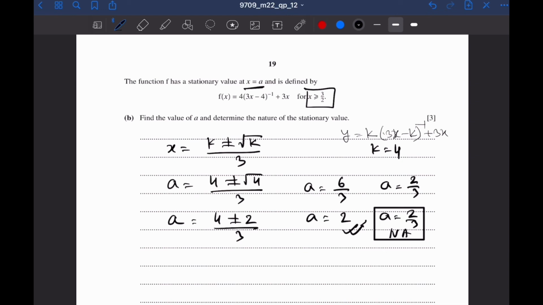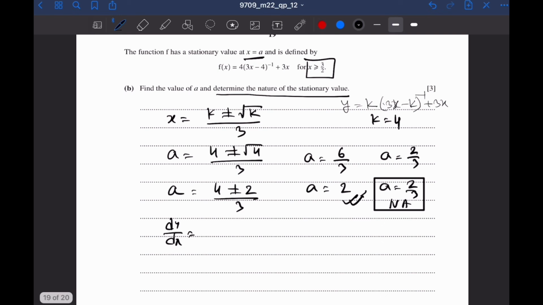Now we need to find the nature of the stationary point. dy/dx equals, from the previous slide, minus 3k by (3x minus k) whole square plus 3.